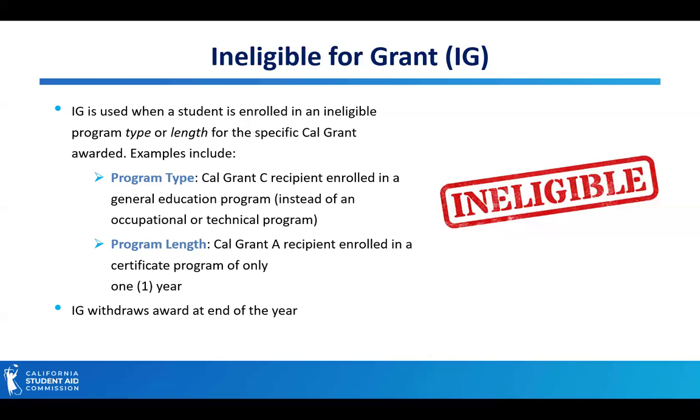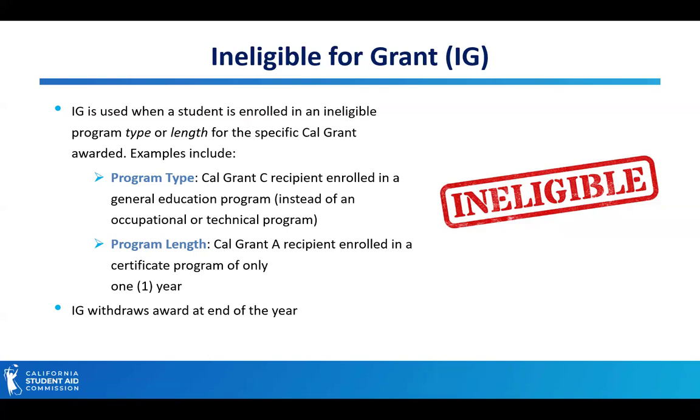Again, IG is, again, the student is not eligible because of program type or length. So program type is, again, Cal Grant C student, but they're not doing a VOTEC type program.